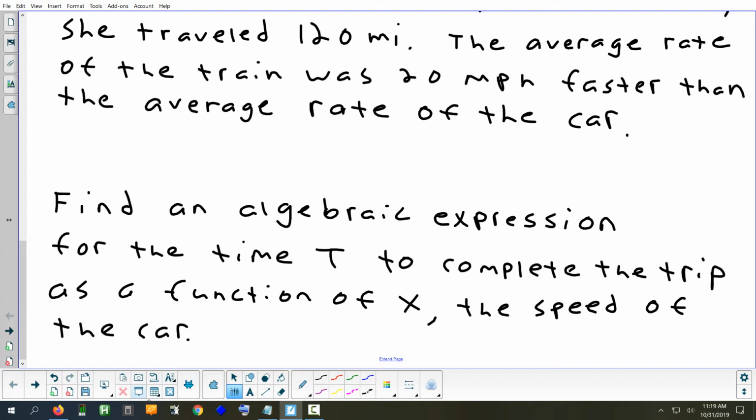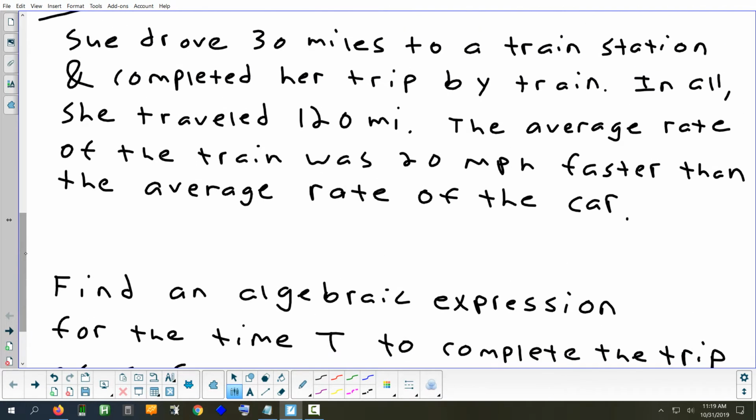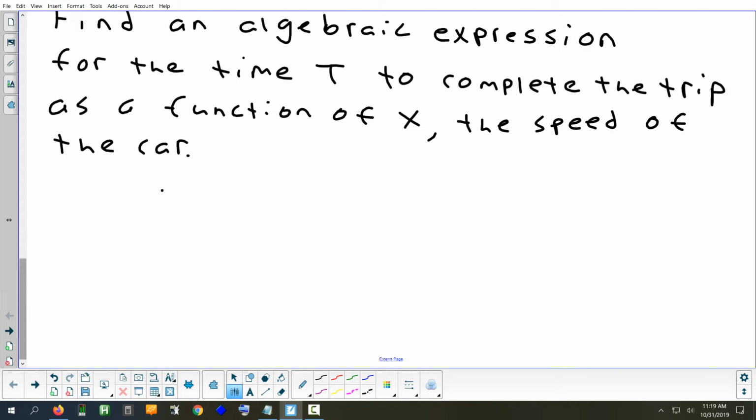Okay, so the first thing we've got to think about is how many different modes of transportation she is taking. Two. And she's going to spend time on each one of them. So the total time is going to equal what?